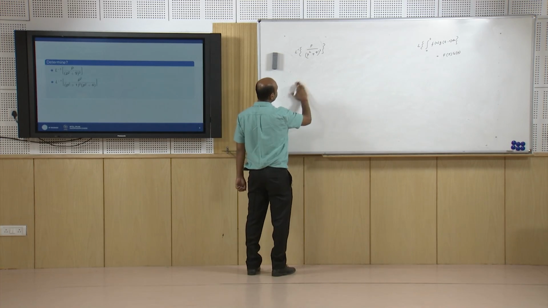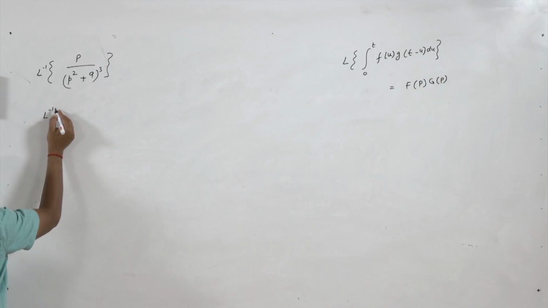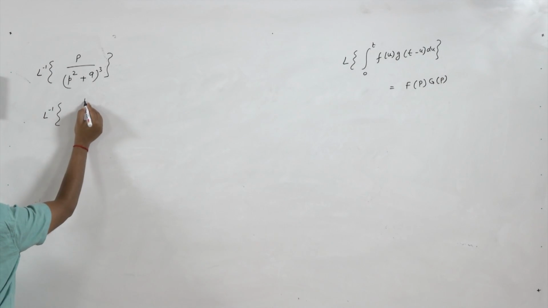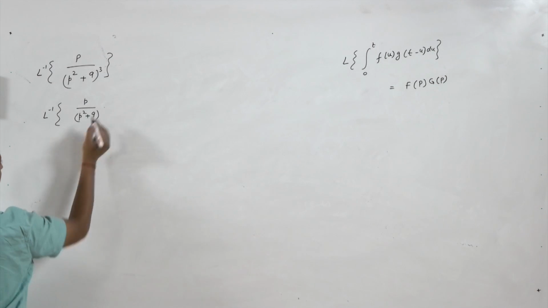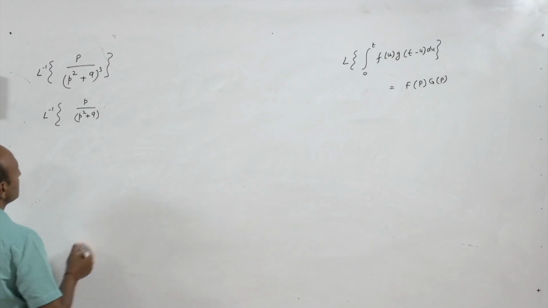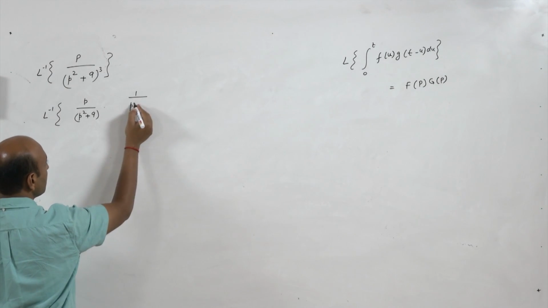So, it can be broken into two functions. Suppose one function is p upon p square plus 9, and suppose the other function is 1 upon (p square plus 9) whole square.